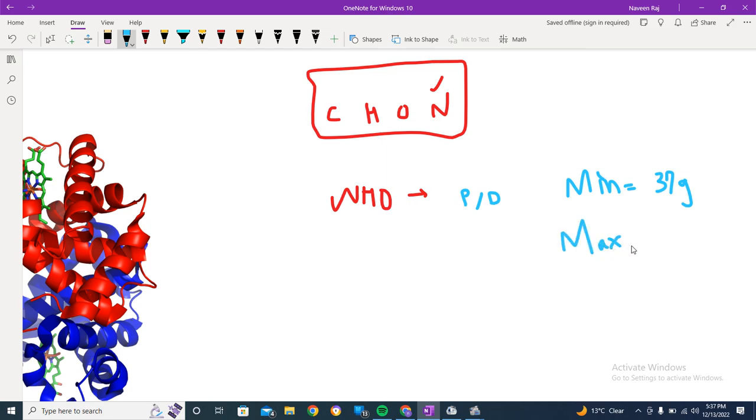Do remember these points, and do follow this in your practical life as well. This is an important count. Minimum you're going to eat 37 gram and maximum 62 gram of protein in a day.